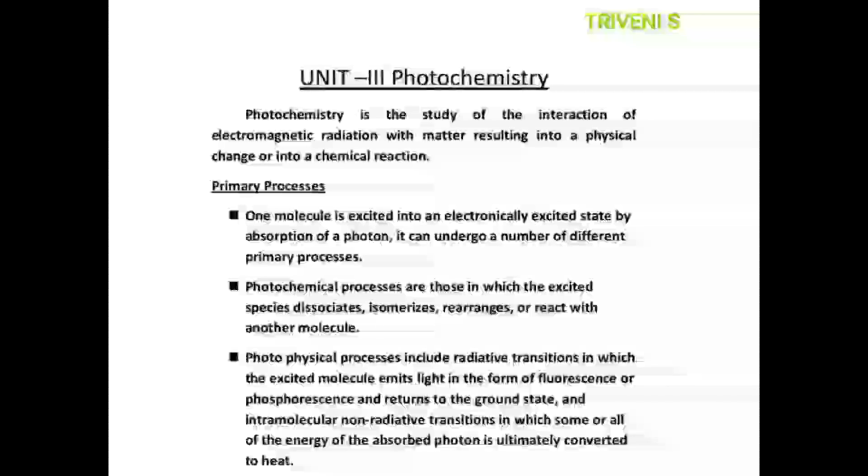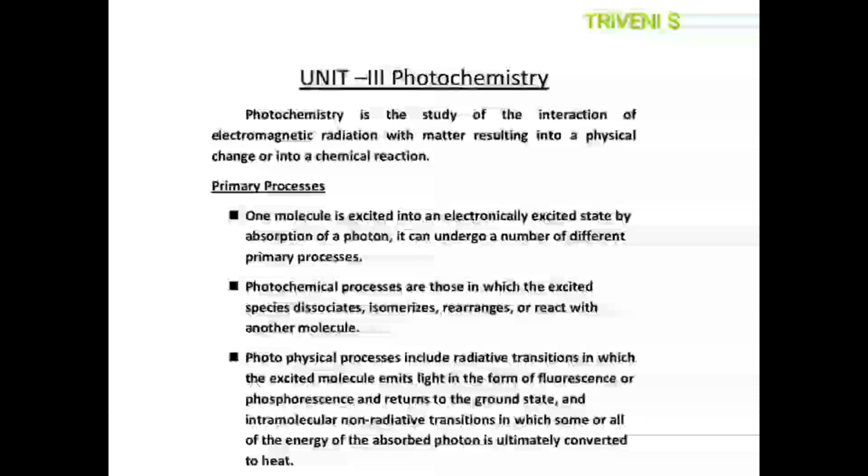What is meant by the photophysical process? This process takes place in the presence of light but does not involve any chemical reaction.